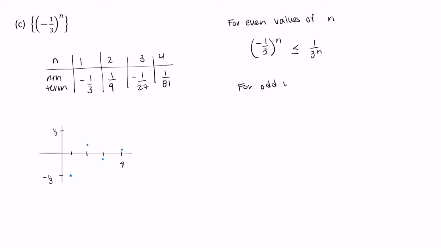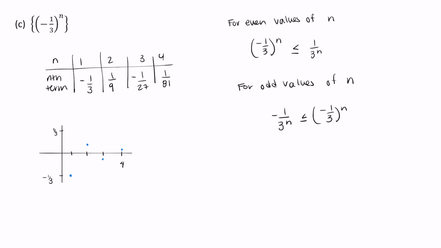For odd values of n, we'll always have negative 1/3 to the nth power. It's always going to be bounded below by this. So for odd values of n, we end up with negative terms in our sequence.